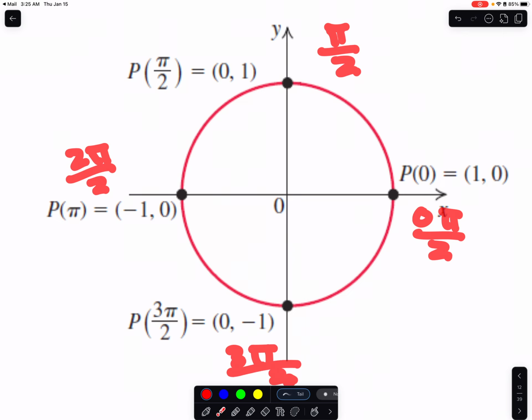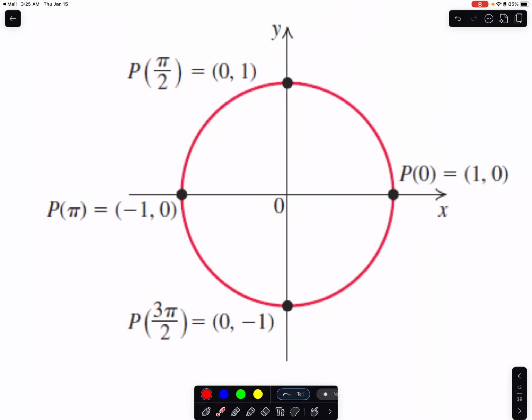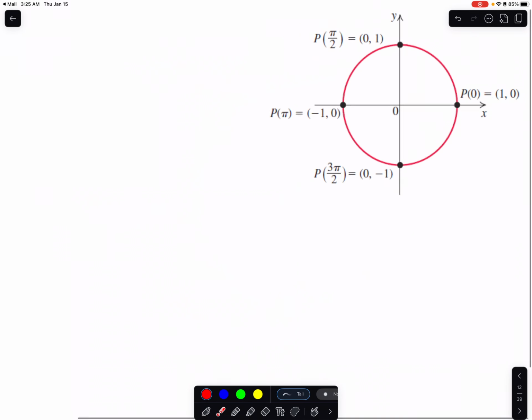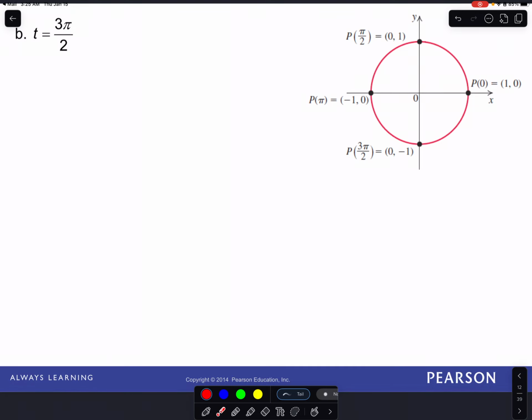So if we start in standard position and we count 0, 1, 2, 3 pi over 2, that puts us at the point 0, -1, right? So then p of 3 pi over 2 corresponds to the ordered pair 0, -1, okay?